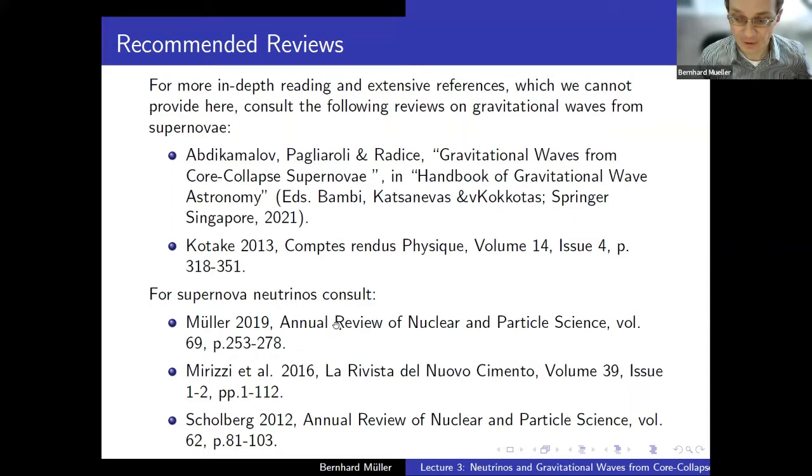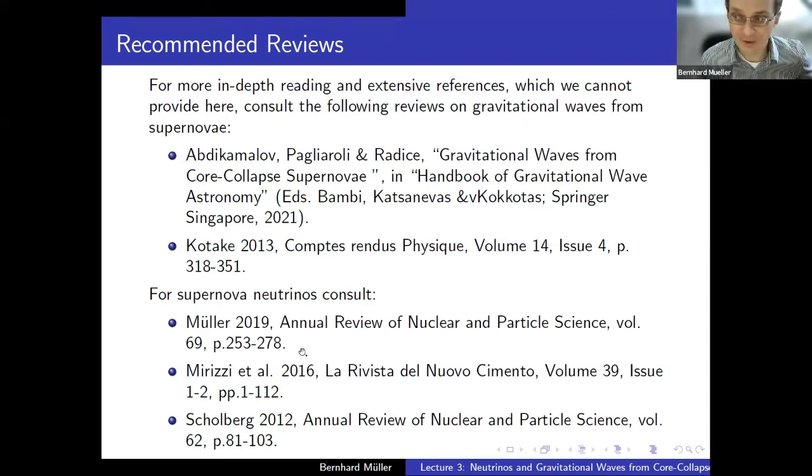My ARNPS article is more focused on the emission of neutrinos and the physical interpretation of the signal. Mirizzi is very broad, also covers intricacies of neutrino flavor conversion, and Scholberg 2012 is a very good one on the actual neutrino detection.